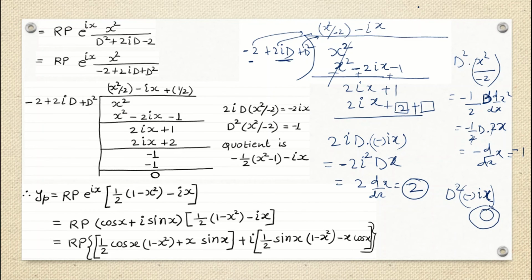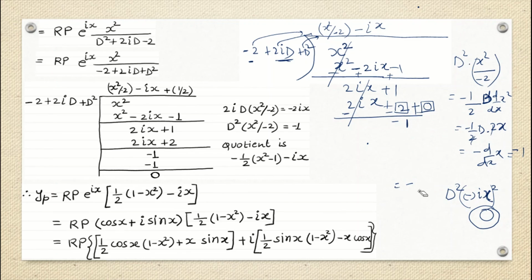To get some answer, it should be having power of 2 or 3 or 4 or something. So I'm straightforward writing down here 0, and then what I am going to do here? So this is nothing but minus 1. Okay. So when will I stop, when will I understand that I got my answer? When the remainder will be 0. Okay. So when the remainder is 0, I'll understand that my answer has come.